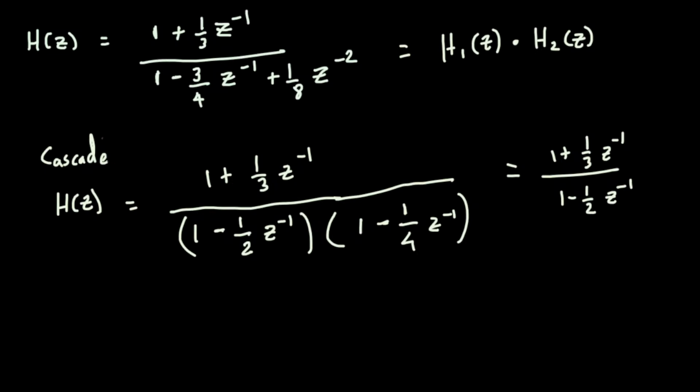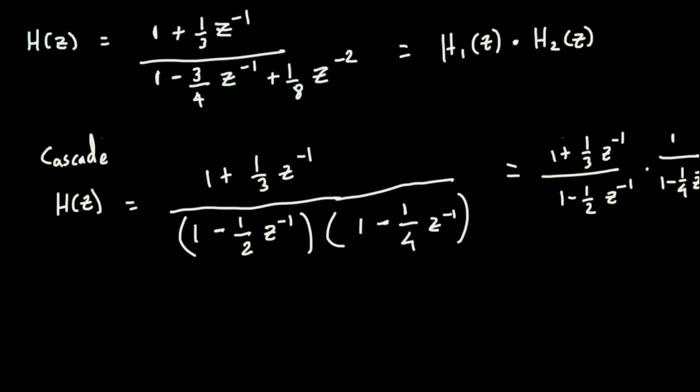And then we have to do the multiplication. For the next term, we think of it as multiplying this one by 1. So we take 1 here, and we take this factor 1 minus 1 over 4 z power minus 1.